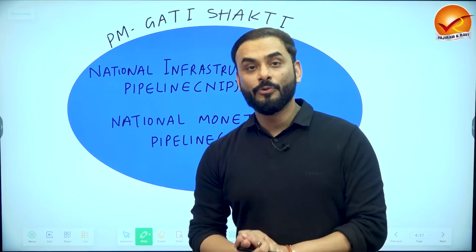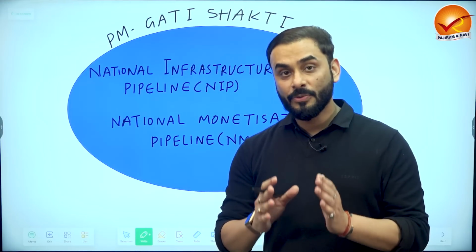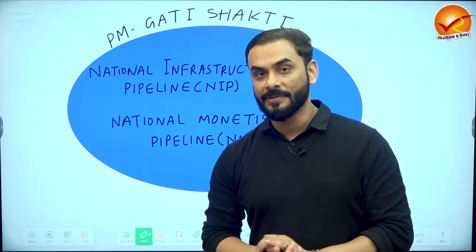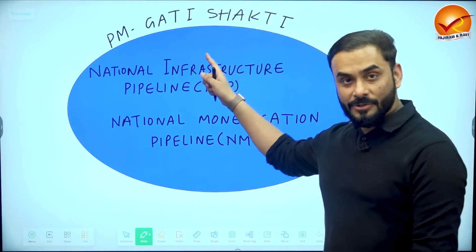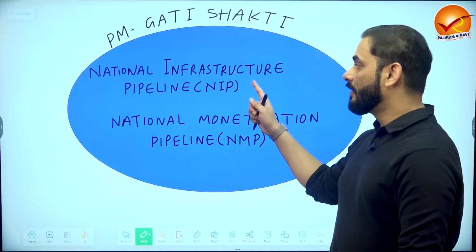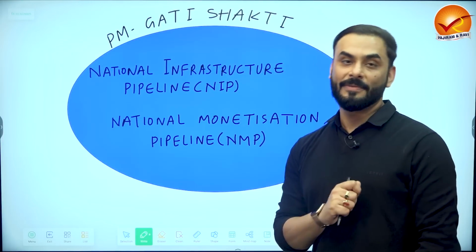Now guys, we look at the three most important developments in the year 2020 and 2021 related to infrastructure sector. Now the first one is called as PM Gati Shakti. Second one is National Infrastructure Pipeline, and the third one is called as National Monetization Pipeline.